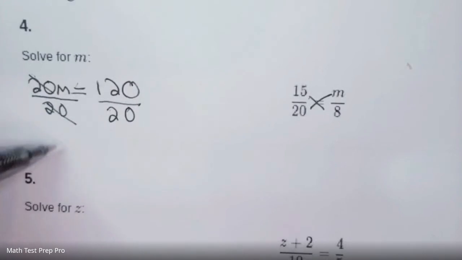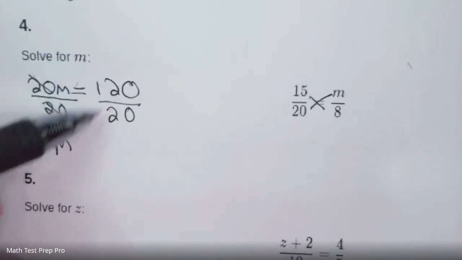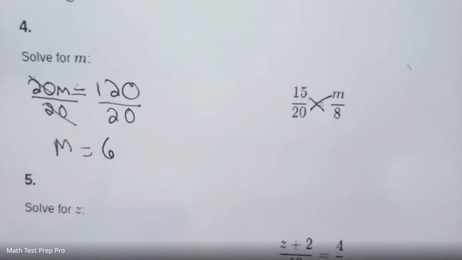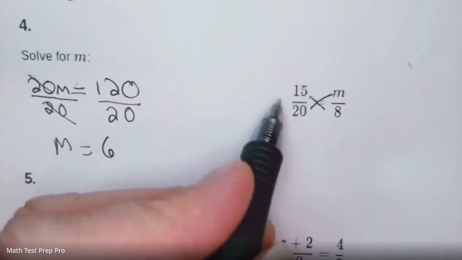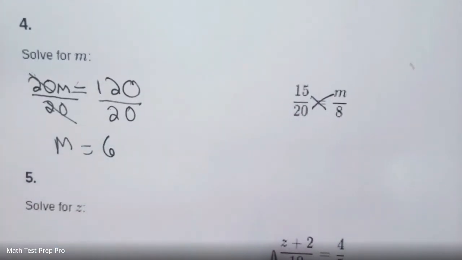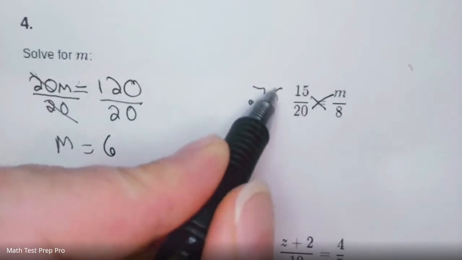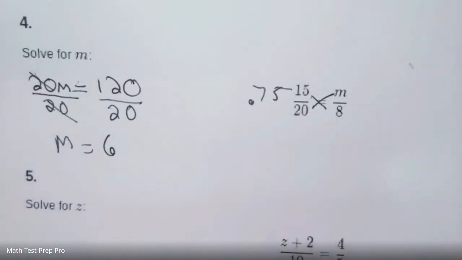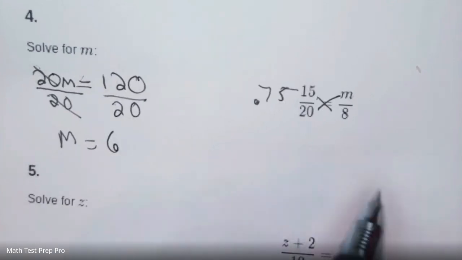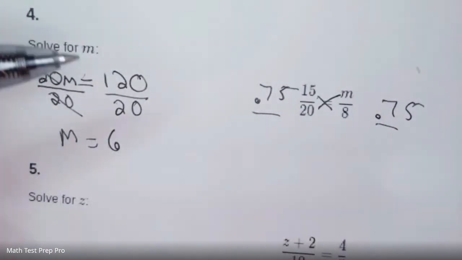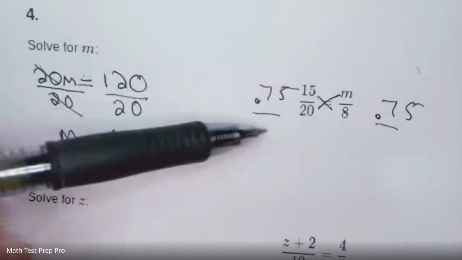So these cancel out, leaving m. Over here, 120 divided by 20 equals 6. And of course, check it. 15 over 20 is 0.75. Then we plug in 6 for m. 6 divided by 8, and the calculator says it's also 0.75. So they're both equal. It's a true statement. You plug in m over there, you get a true statement. So m is the solution.